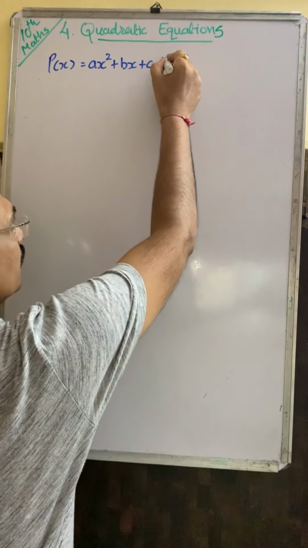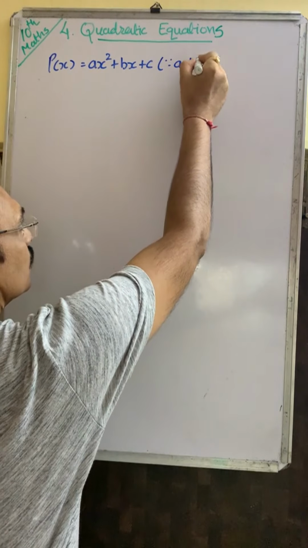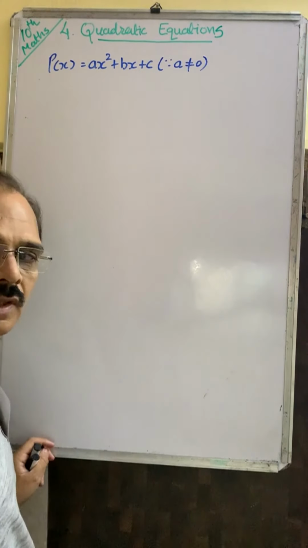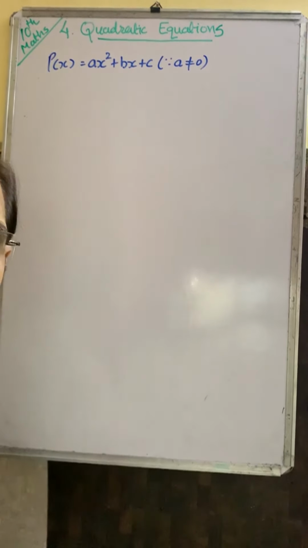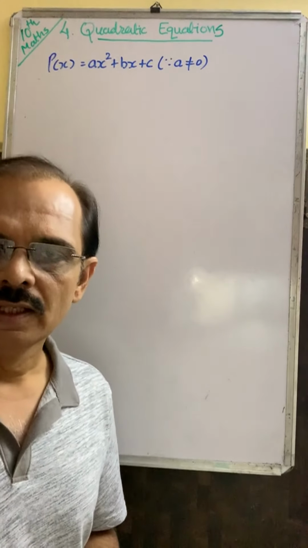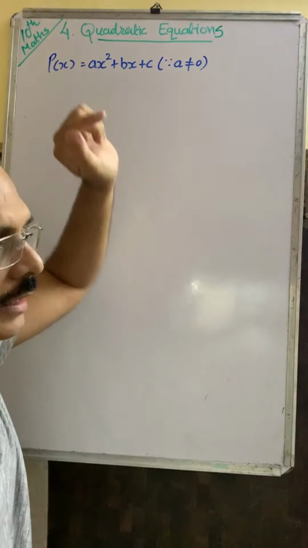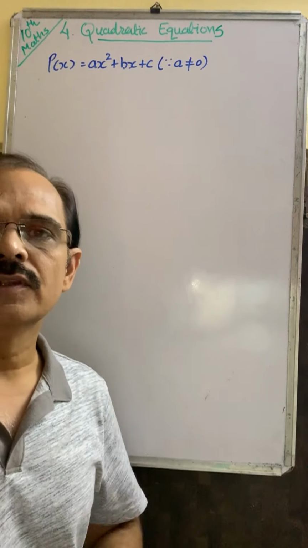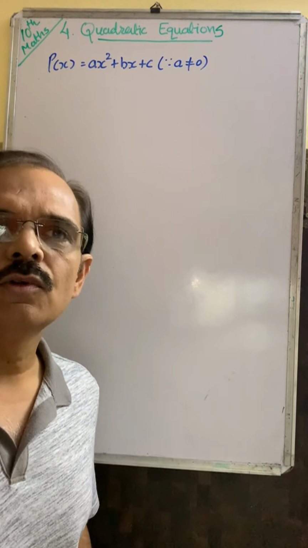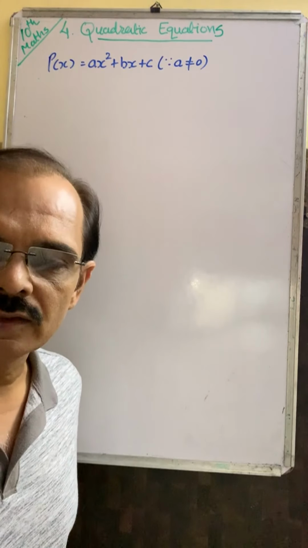Here the condition is a is not equal to 0. If a is 0, a is the coefficient of x square, so this term will be 0, then it is called a linear equation. Then it is not called a quadratic equation.